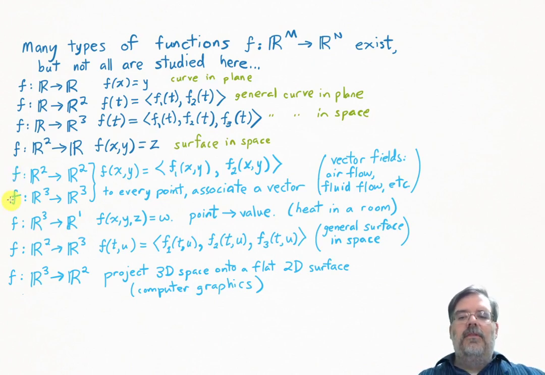Those more general functions, you can think of them as associating a vector to each point. So for each point in a plane, associate a vector. For each point in 3-dimensional space, associate a vector. These are sometimes called vector fields, and they're used to model things like airflow or fluid flow.